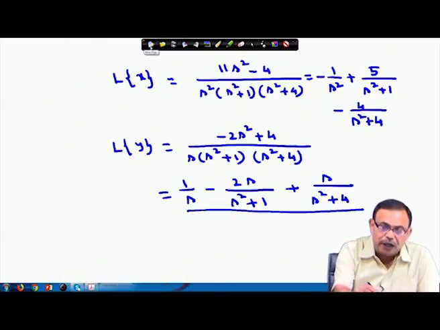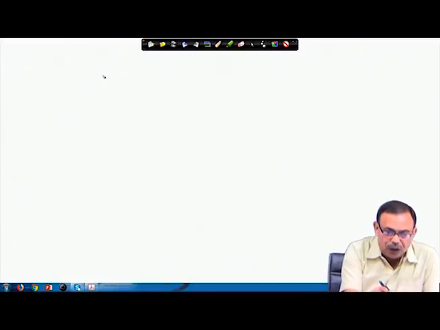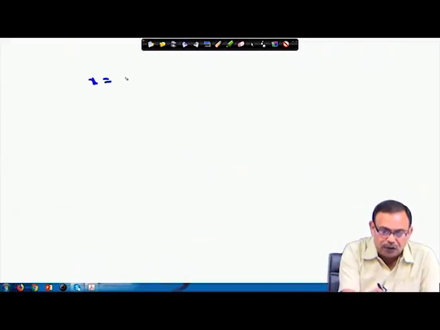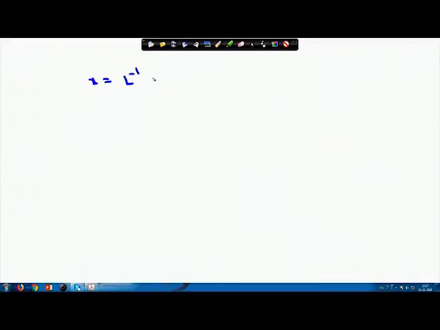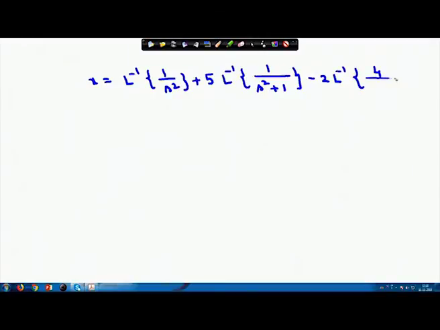In the next step, I can write x equals Laplace inverse of 1 by s square plus 5 into Laplace inverse of 1 by s square plus 1 minus 2 into Laplace inverse of 4 by s square plus 4.